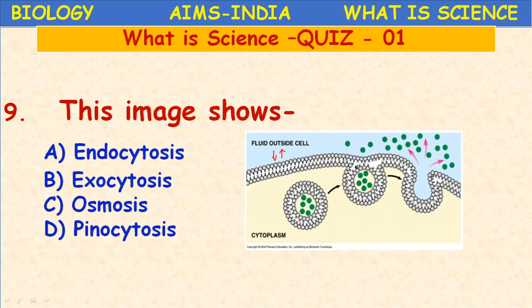Here the plasma membrane is involved, and the main function of the plasma membrane is to maintain osmotic balance. Sometimes particles come out through the membrane and sometimes they go in. This process is called exocytosis, meaning from the cytosol the fluid is coming out. So exocytosis or exoosmosis. Next, the answer is B.